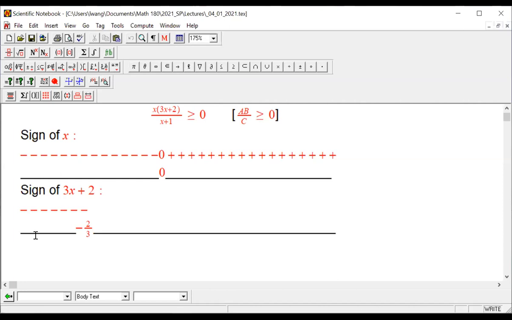At negative 2/3, it is 0. Beyond negative 2/3, positive. You follow me? Next one, x plus 1. Where does x plus 1 change its sign? -1. That's right.